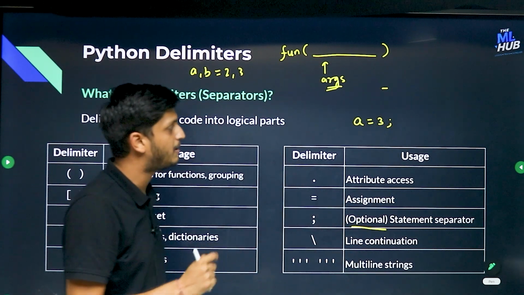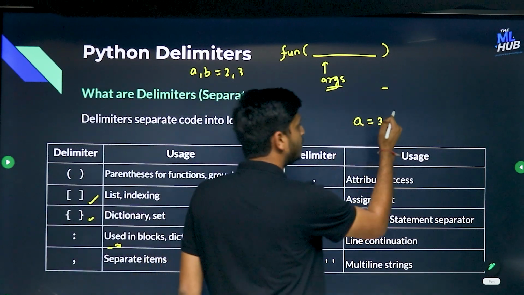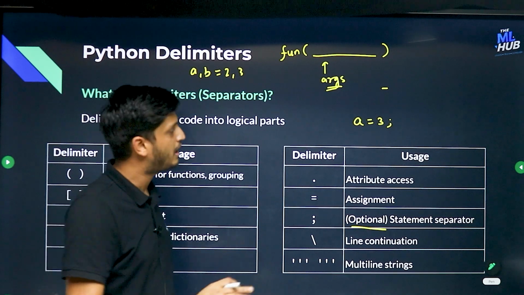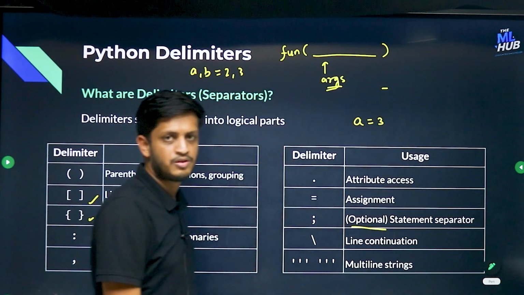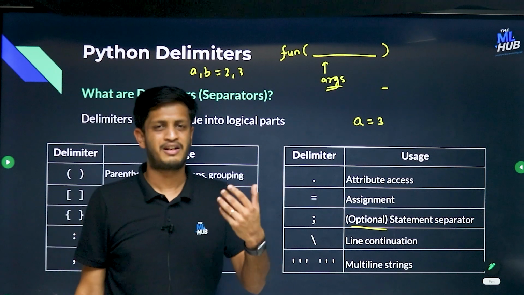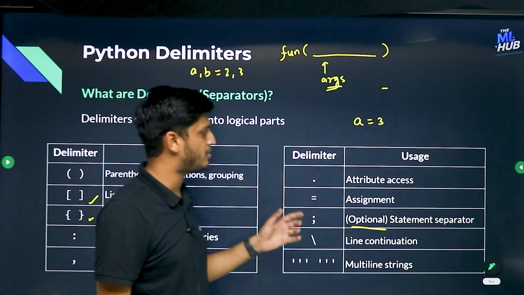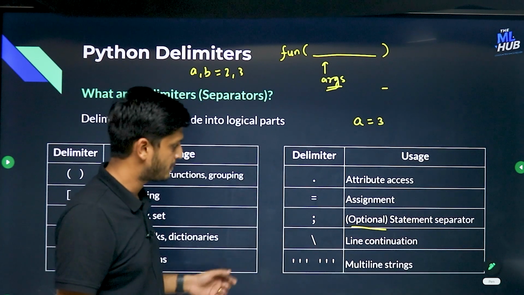So semicolon becomes a delimiter there. But in Python, semicolons are optional. You can write it. Python will ignore it and it is not needed. You can even avoid writing semicolons. But if you write it, it doesn't matter. You can write any number of semicolons you want. If you just want to separate different statements, you can use semicolons in Python.